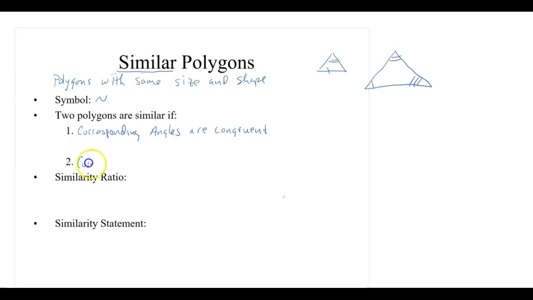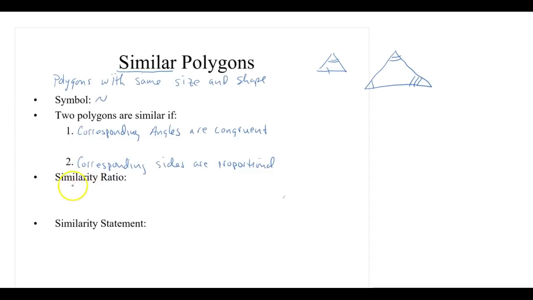And then corresponding sides, they are not congruent, right? Corresponding sides are proportional. And that's the key. So when we take the ratio of the sides, they should all be equal.